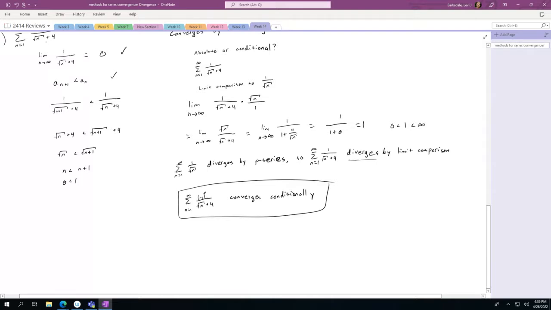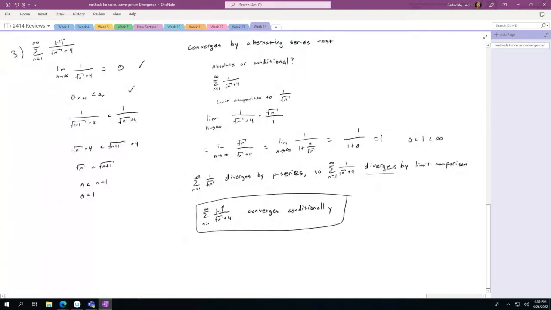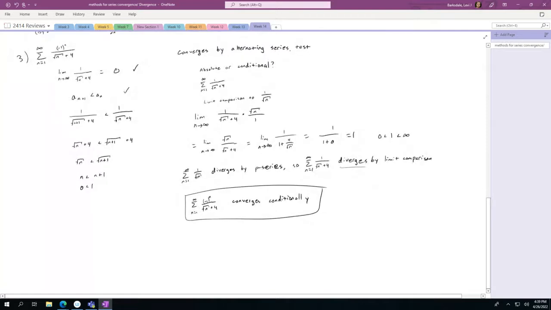Well, we know that our original alternating version converged by the alternating series test, right? So conditional convergence is specific to alternating series. If we have an alternating series and it converges by the alternating series test, but the absolute value of that series does not converge, that is the situation we call being conditionally convergent.